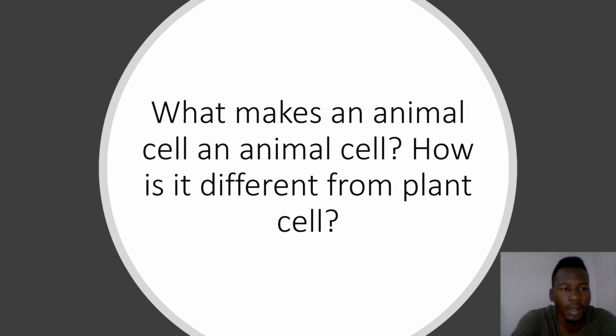With these variations, the organisms tend to vary in their nature. The organisms have different systems because of such variations within these cells. So we're moving to the following slide now.